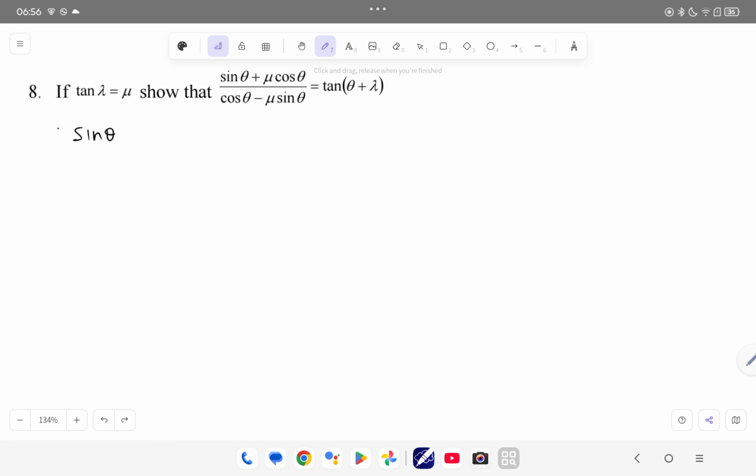Sin theta on the left hand side, sin theta plus mu, but mu is tan lambda, cos theta out of cos theta minus mu, but mu is tan lambda, sin theta.